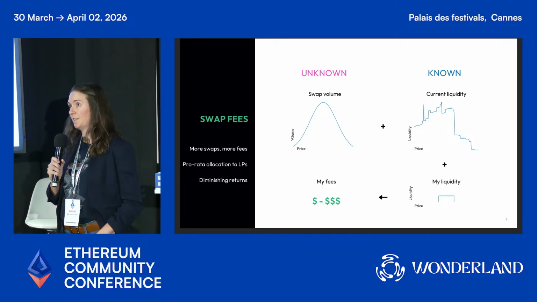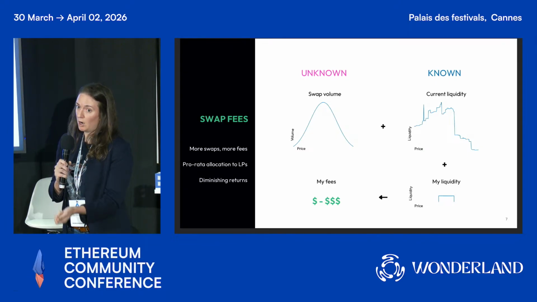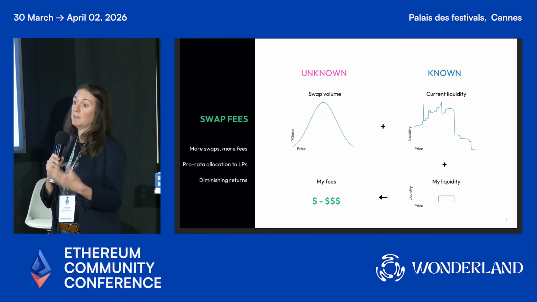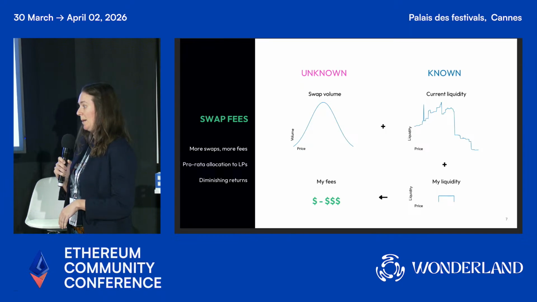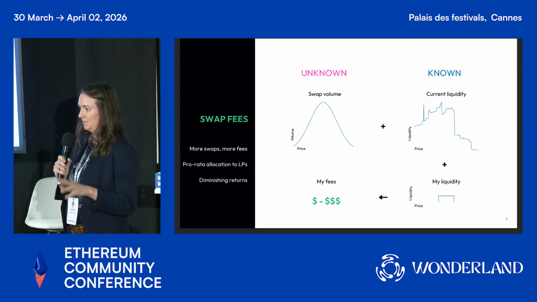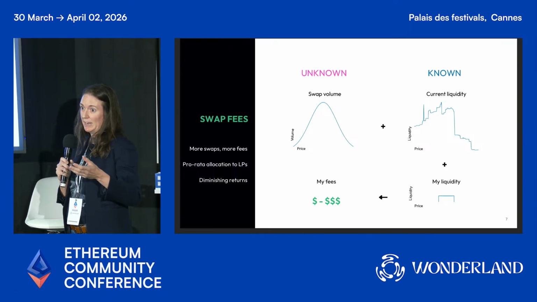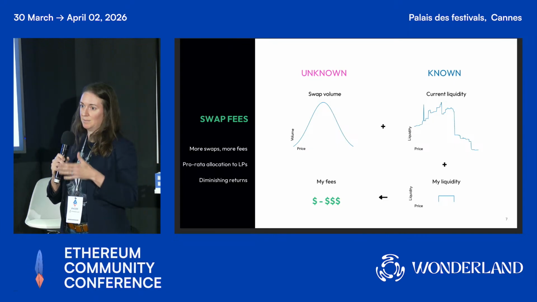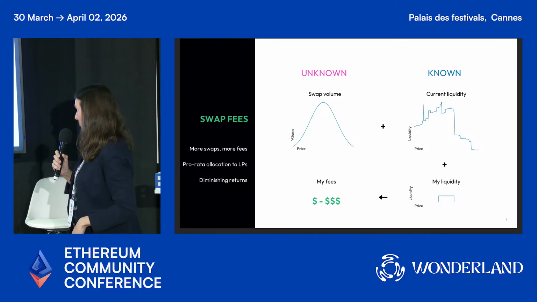So I would expect diminishing returns on each additional dollar I put in as an LP, because the fees are not necessarily increasing, but I have to distribute them amongst my portion and everyone else's as well.